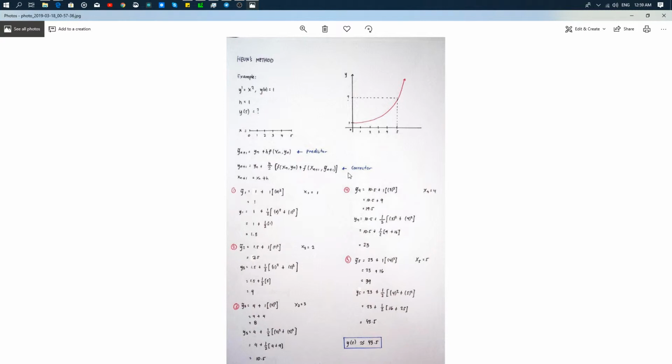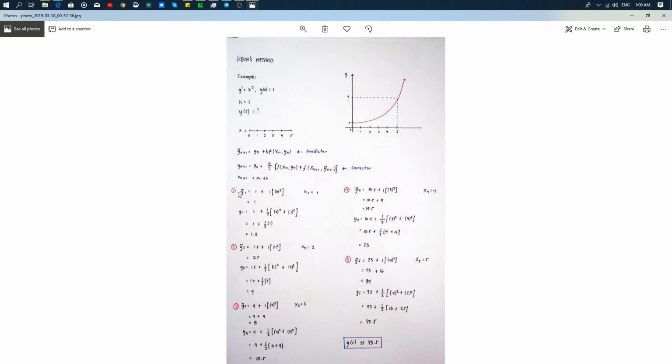And then we have another formula, which is the real value for the y sub n plus 1 in the Heun's method, known as the corrector, where we will use the value we have got from the predictor formula.